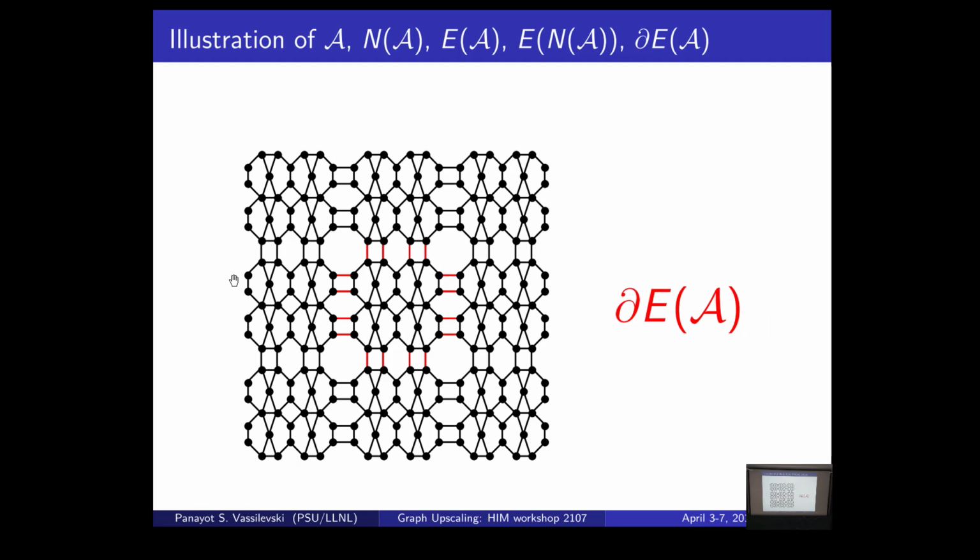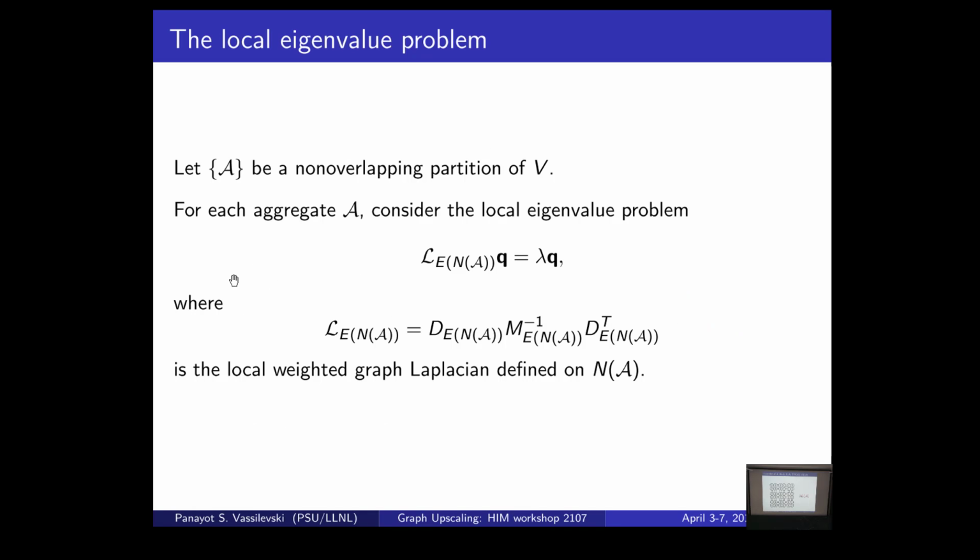And the edges that are not in the interior of the aggregate are called boundary edges. So in essence, I'm trying to generate a topology of these aggregates. I'll define a boundary, and when we intersect this boundary, I'll define interfaces between two aggregates. And this can be done in a very abstract way without any geometry.